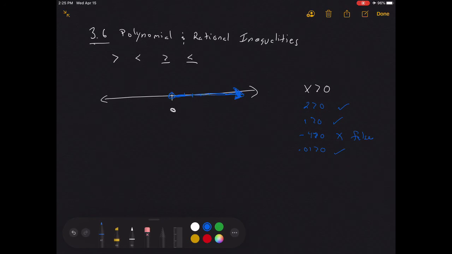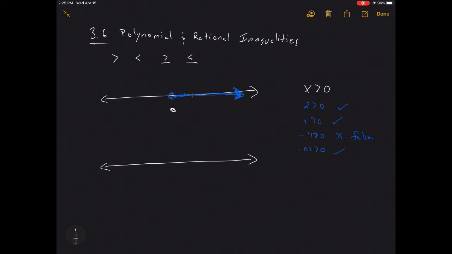Now what if we did one that looks like this? Maybe this is -2 and maybe this is 4. And I want you to tell me where x is in between -2 and 4. And let's include -2 and 4 this time.